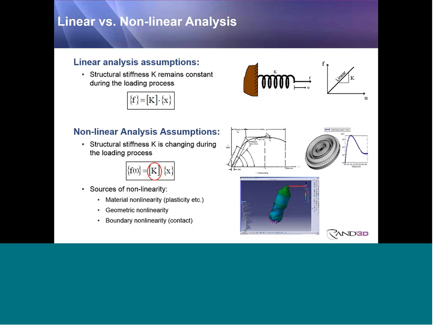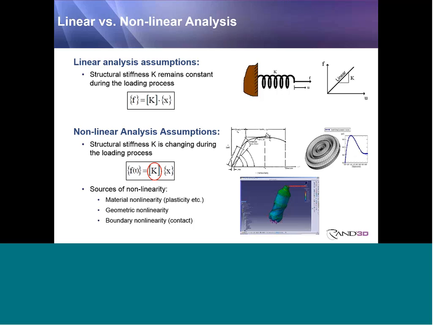Another type of nonlinearity is geometric nonlinearity. A simple example presented on this slide is a rubber button, and if you push through it, it experiences so-called snap-through behavior. In other words, initially the stiffness increases, and after a certain amount of displacement, it snaps through and the stiffness decreases.